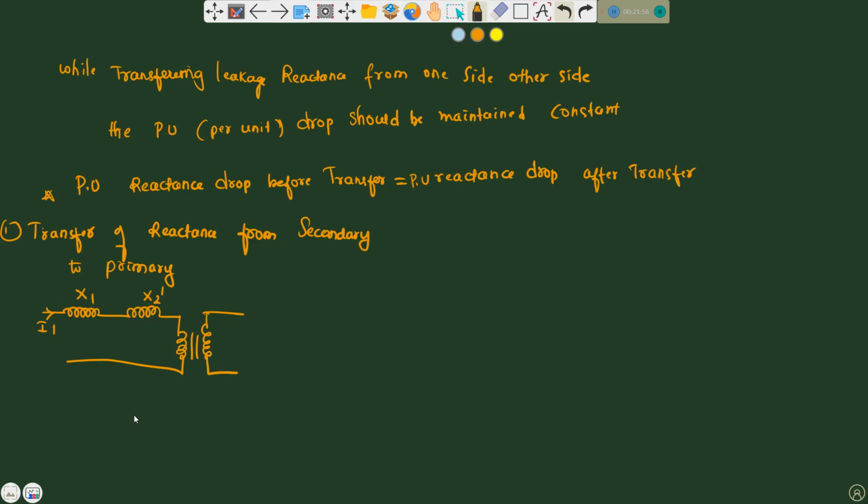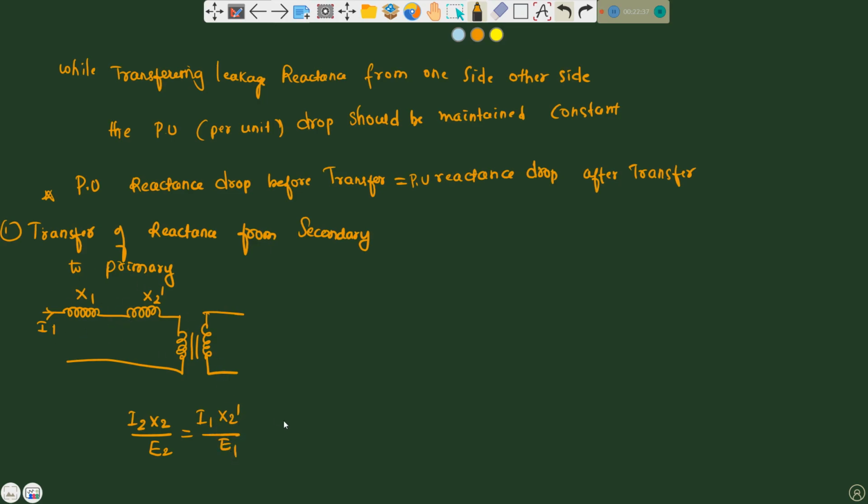So from this we are going to write I2 x2 divided by E2. There will be a secondary current, this will be a secondary reactance, and this is the EMF in the secondary side. So it will be I1 x2 dash divided by E1. So I2 x2 divided by E2 will be equal to I1 x2 dash divided by E1.